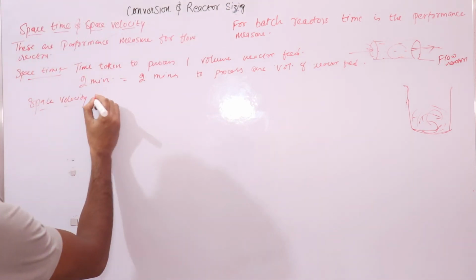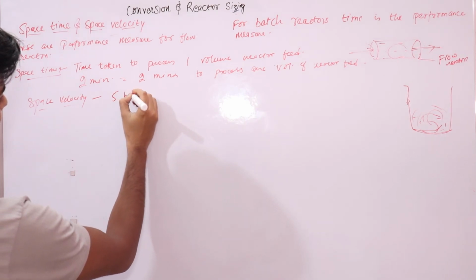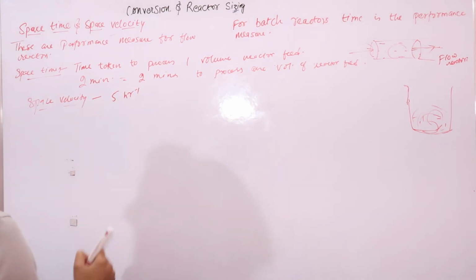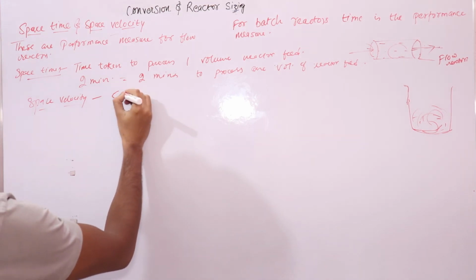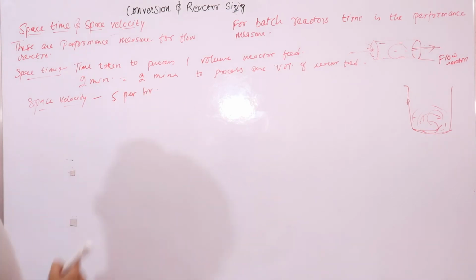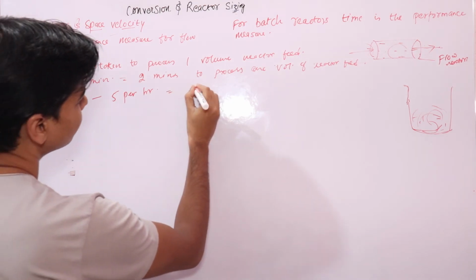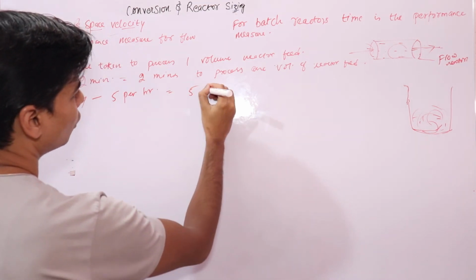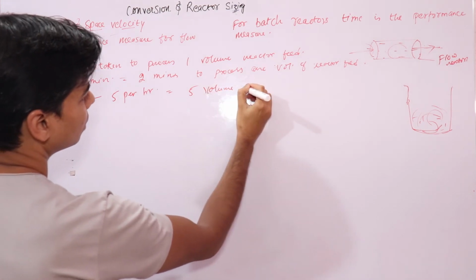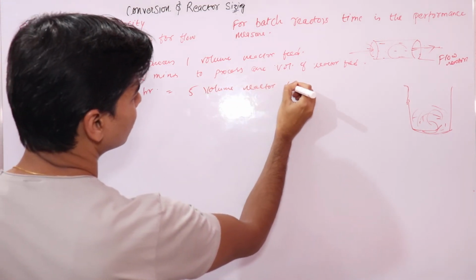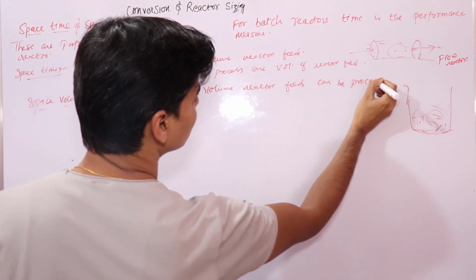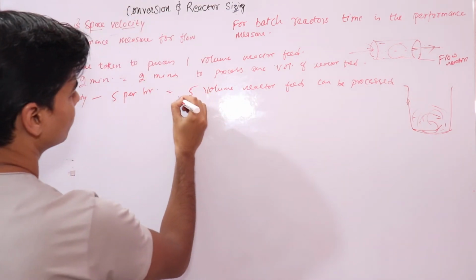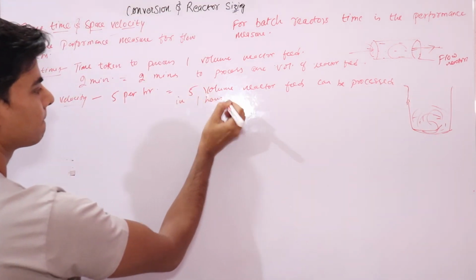So if I say that space velocity is 5 per hour, that means 5 volume reactor feeds can be processed in 1 hour, right?